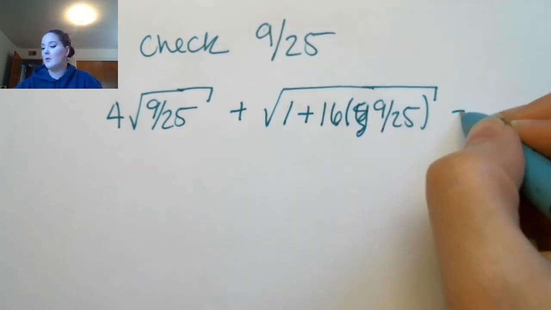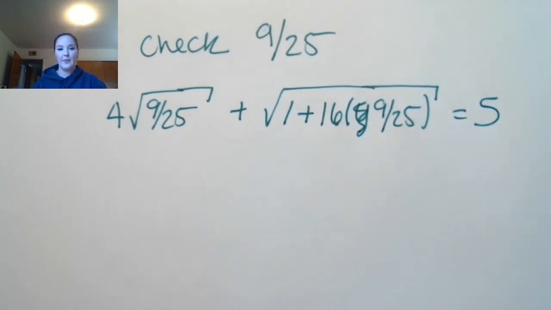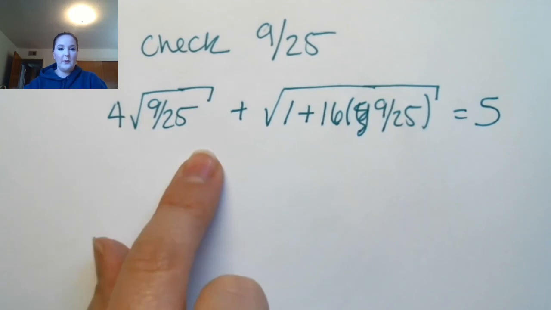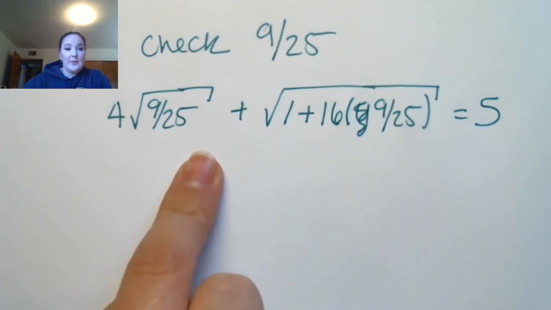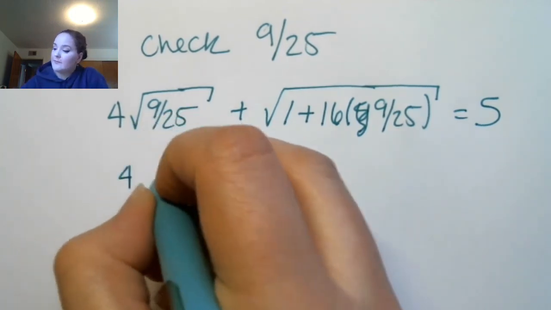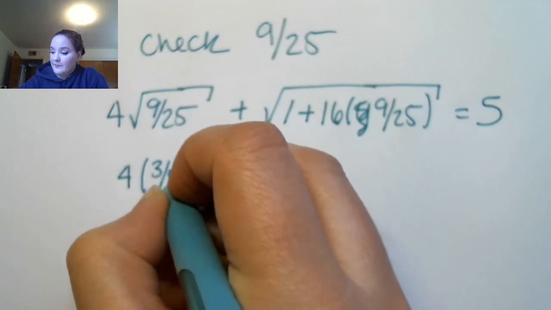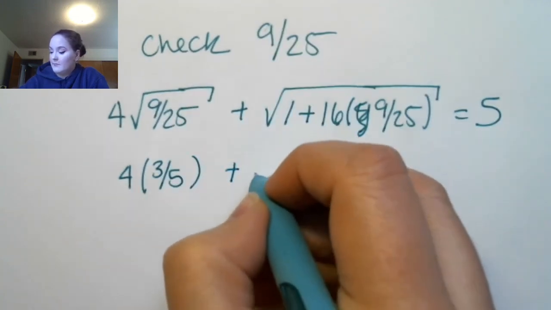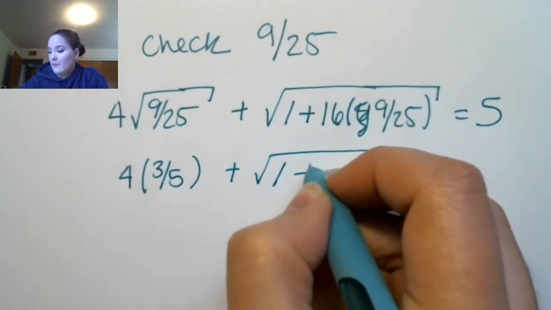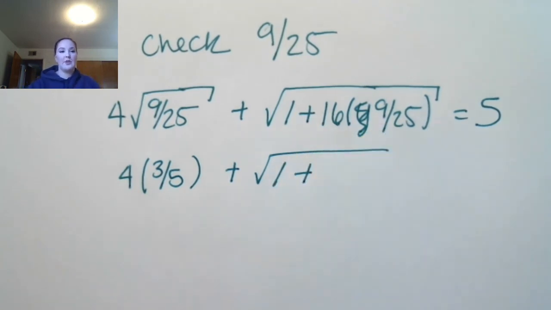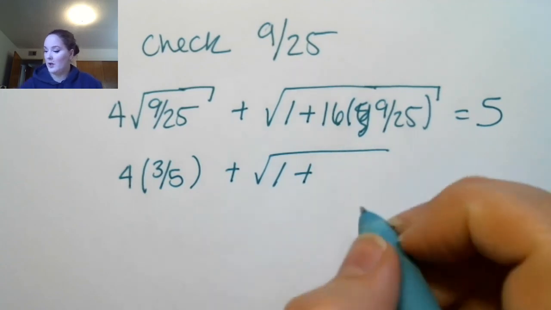Okay, equals 5. Okay, well, square root of 9 over 25 is 3/5. Okay, now we would have to do 16 times 9. So let's do 16 times 9 real quick on the calculator. And I get 144.